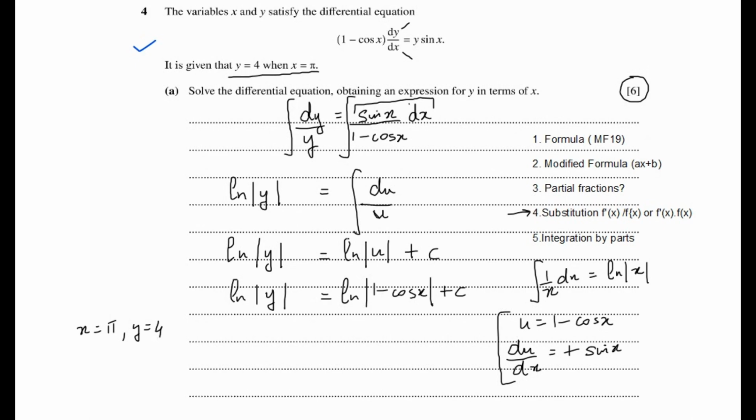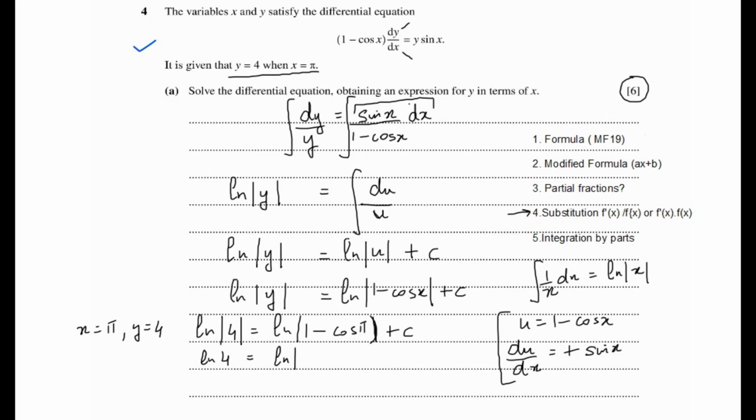So ln modulus 4 is equal to ln modulus 1 minus cos pi plus C. ln 4 I'm going to leave as is, and for ln modulus of 1 minus cos pi, you can put this in your calculator, and remember to use the radian feature on your calculator.